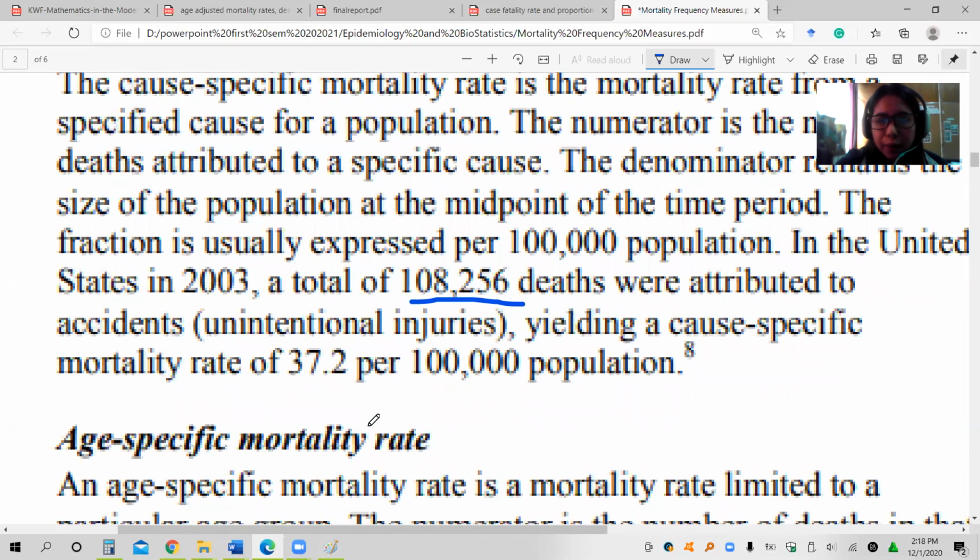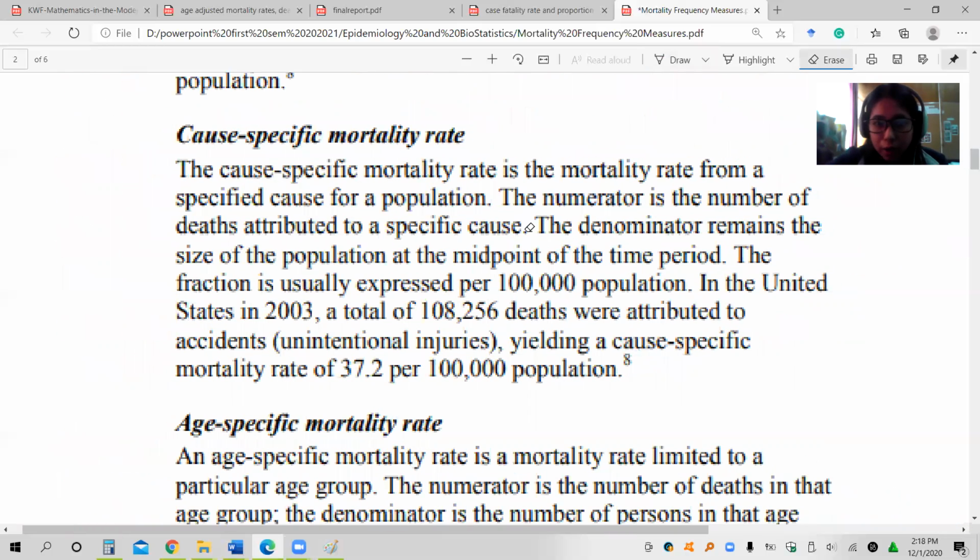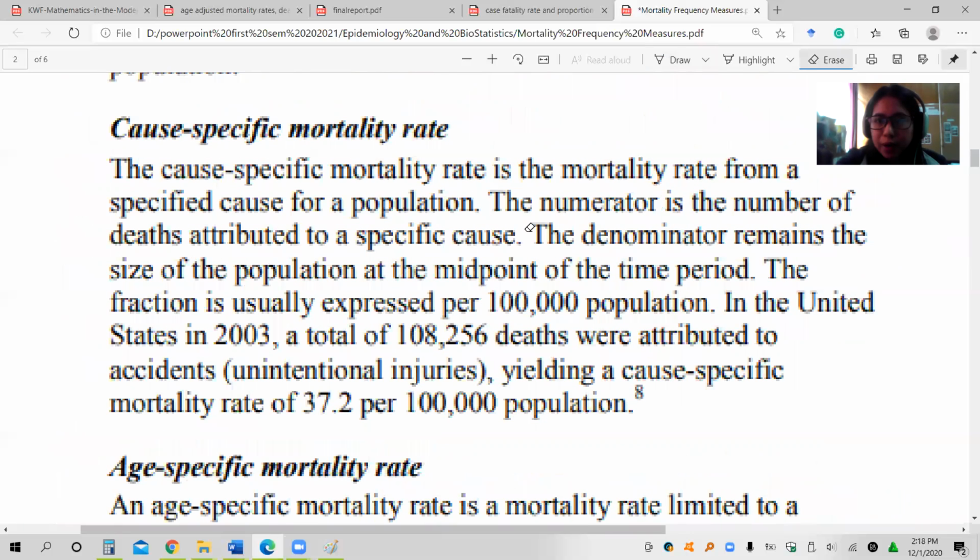So if we will consider this, what we need to compute is, let's go back to our problem. The denominator is the size of the population and 108,256 is the numerator.